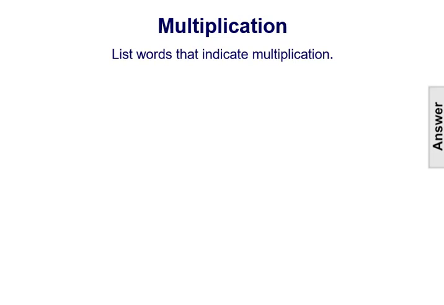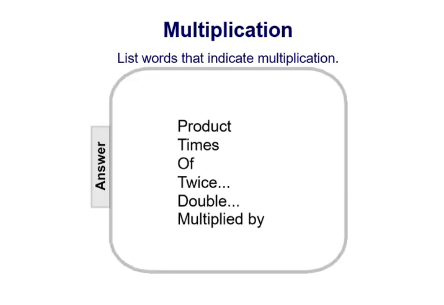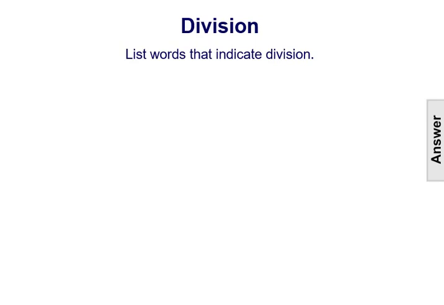What about multiplication? Think of those words and make a list. So you should have words like, for example, product, times, of, twice, double, multiplied by. All of these words indicate multiplication in the expression. And what about division?